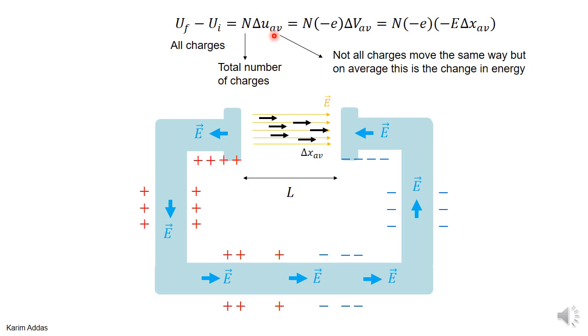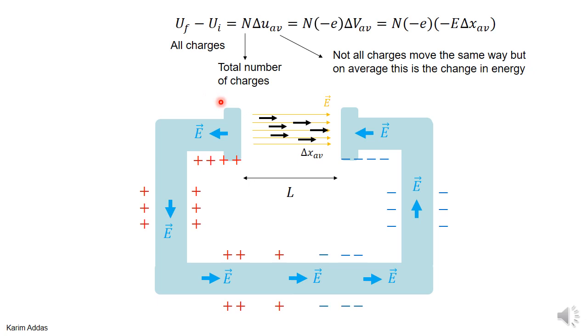That is the number of charges times the charge of each charge times the average potential difference that the charges move through. And this average potential difference we can write as minus E times delta x average. So imagine on average, each charge moves an average distance of delta x average. So this is kind of the idea.